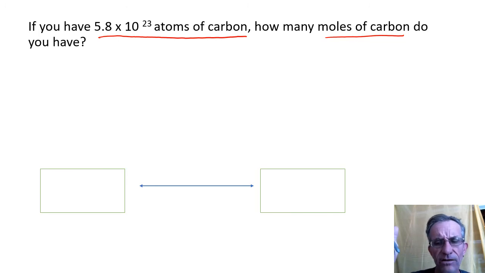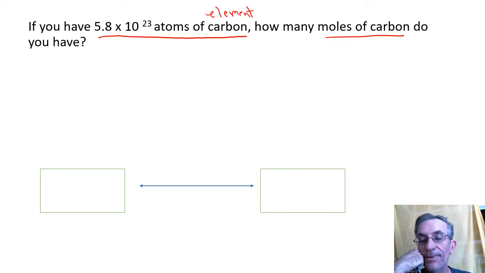Why aren't they saying molecules? Why aren't they saying formula units? They're saying atoms because this question has to do with an element. Carbon is an element. The little pieces that make up elements are called atoms.